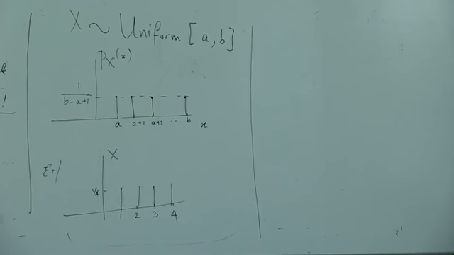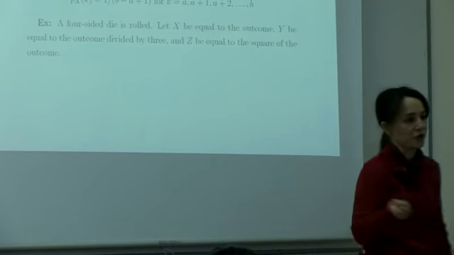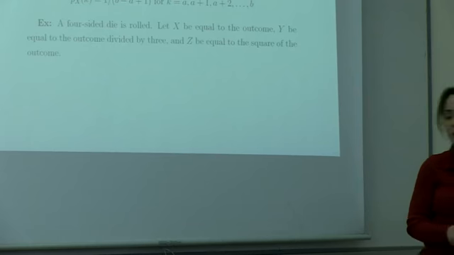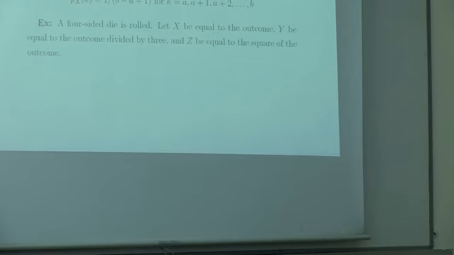How about y is the outcome divided by 3? So y is 1/3, 2/3, 1, or 4/3. It takes these values with equal probability. So can we say that y is uniform?